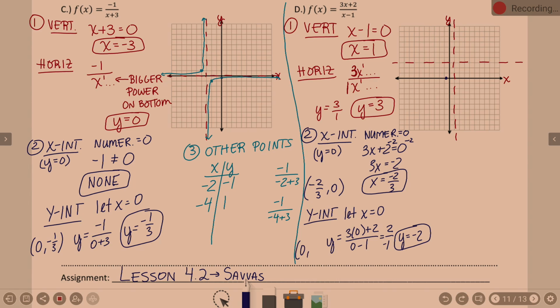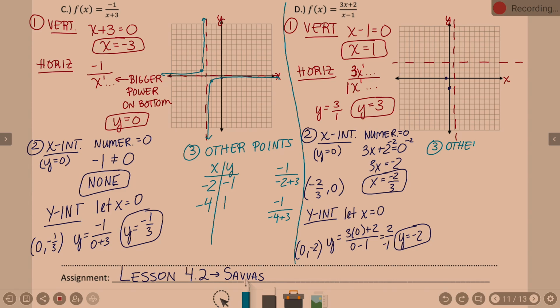So ordered pair of 0, negative 2. Left, right, 0, down 2. Okay. I personally see where this graph is going. I have one piece figured out, right? And then my logic will tell me the other piece is going to be diagonal from it.